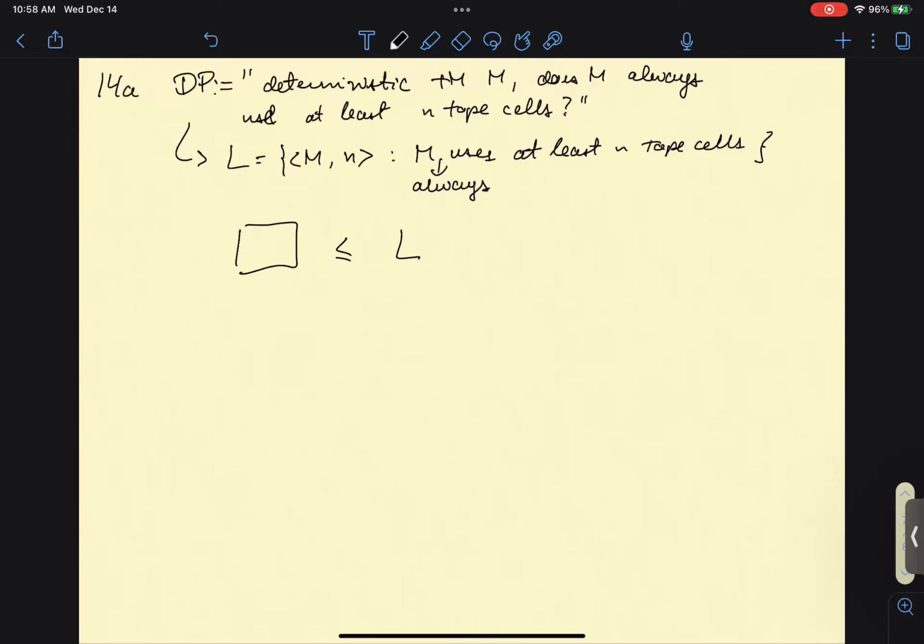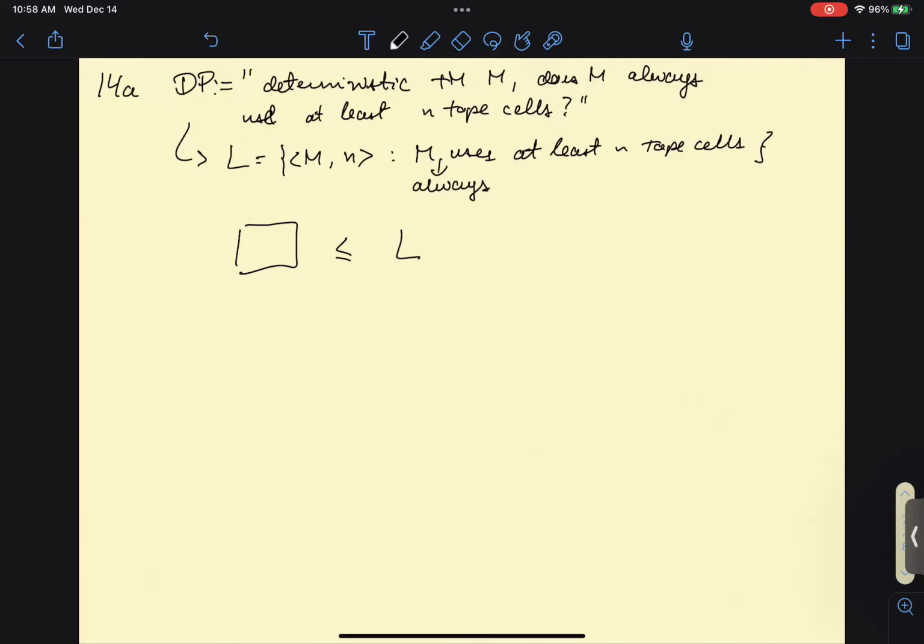No, it can have length less than n and use more than that. You could write the string fine. If the string already is longer than n, you know. No, it doesn't have to use n. It could use less. You could just halt from the very first letter.